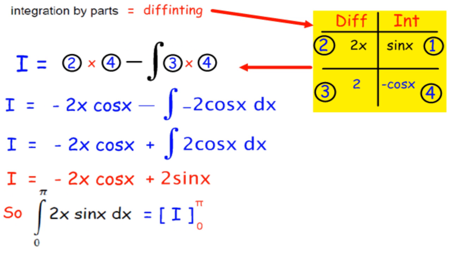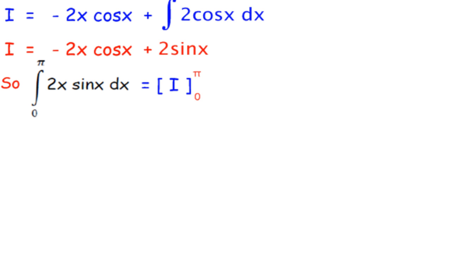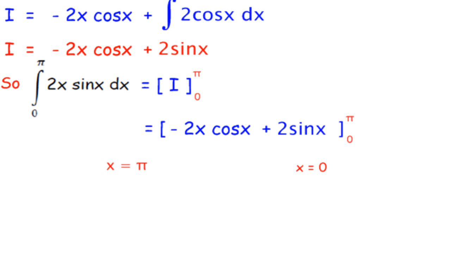So the original integral from 0 to pi of 2x sin x dx is equal to I evaluated between 0 and pi, where I is the minus 2x cos x plus 2 sin x. We then fit x equals pi into the first set of brackets and x equals 0 into the second set of brackets, and we subtract the two answers.